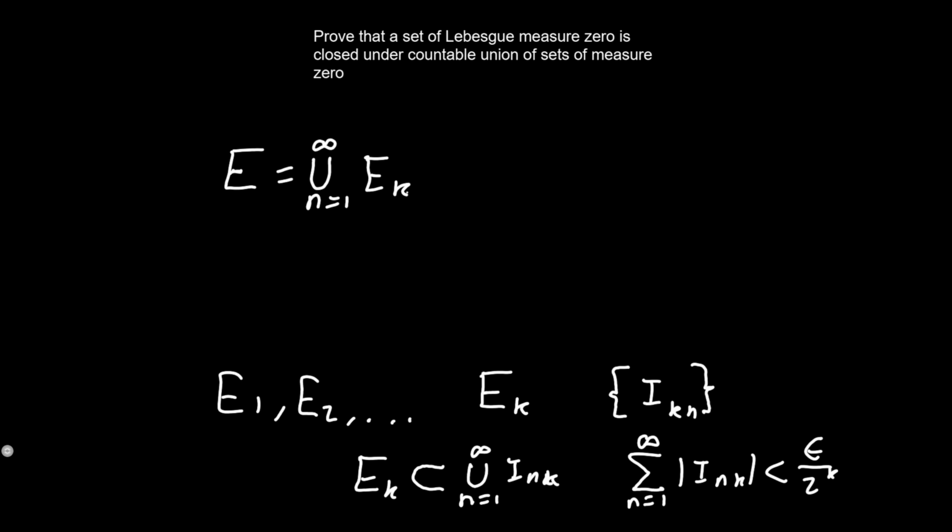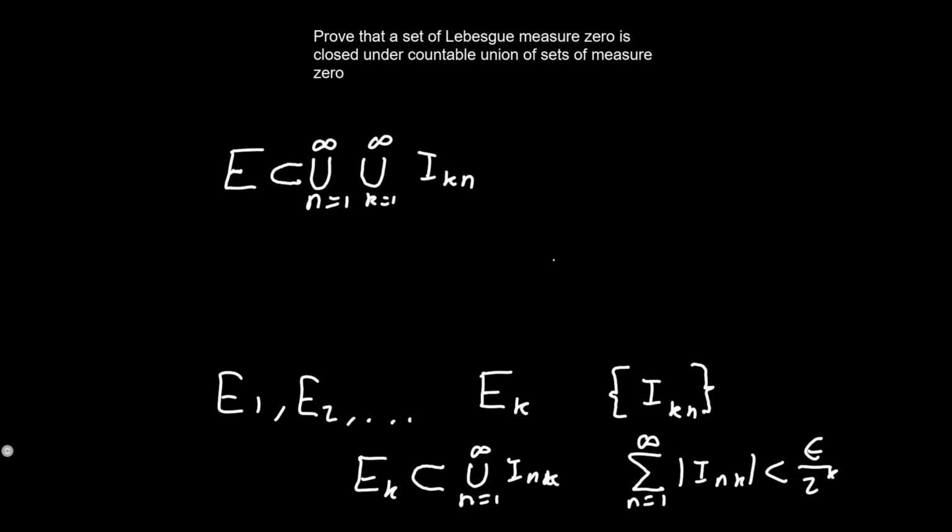Since every set E_k is covered by its intervals, the union E is covered by the union from k equals 1 to infinity of I_{k,n}. Since we changed it, it's not going to be equal anymore, but it is going to be a subset.